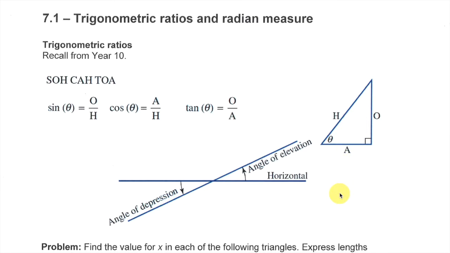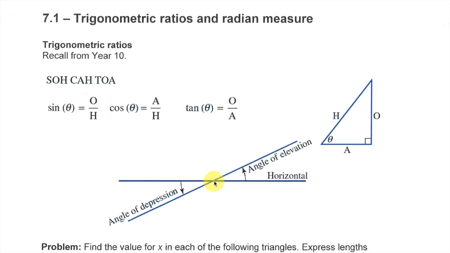We also have some basics about angles of depression and angles of elevation. Let's consider that we're at this position here on a cliff top. If we look down into the ocean to see a ship, then from the horizontal, we move our eyes down an angle of depression to sight the ship.